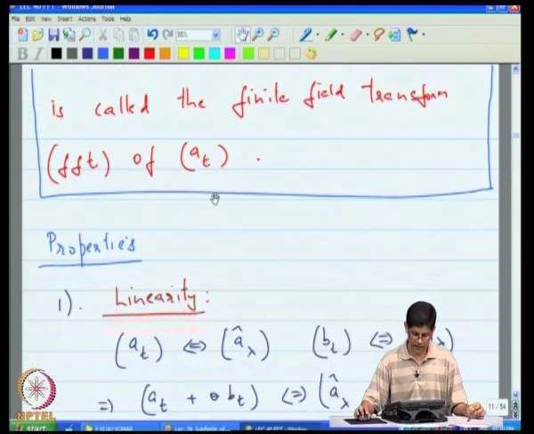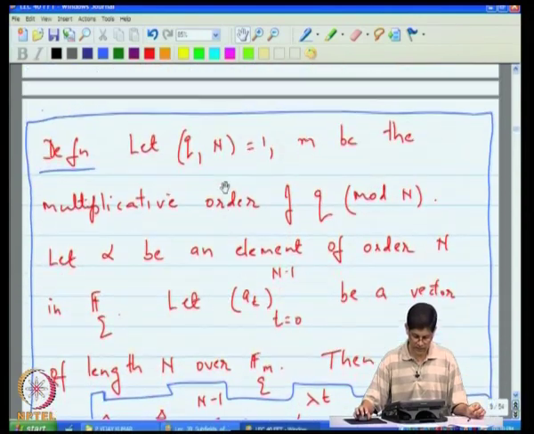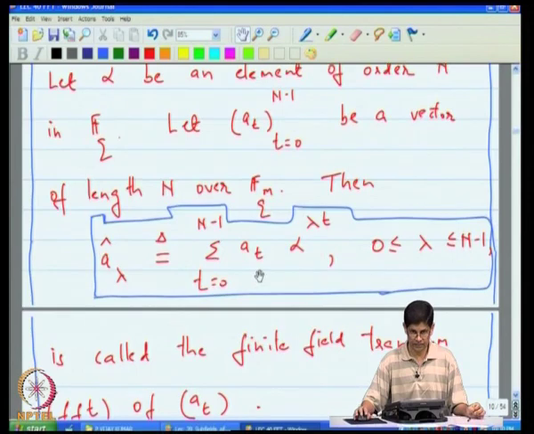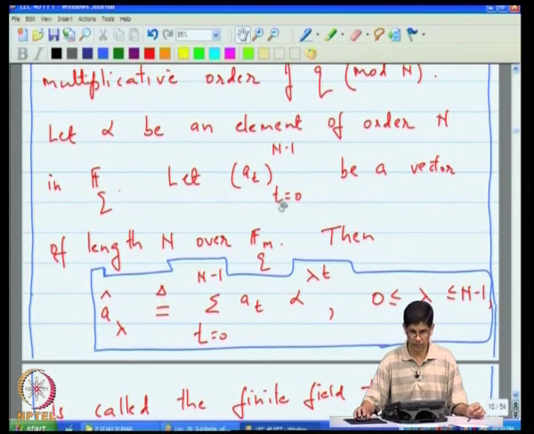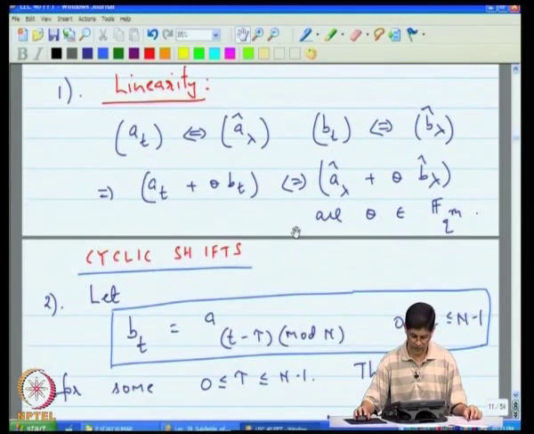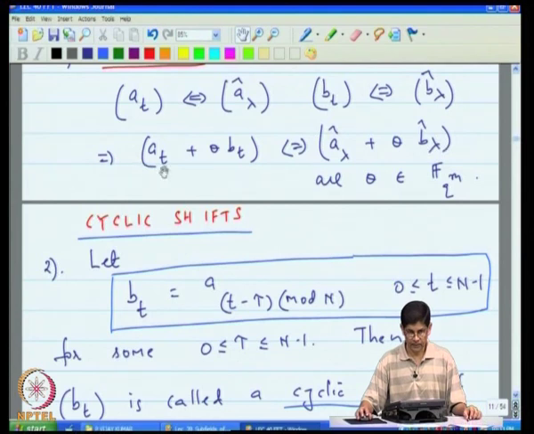Well, in this discussion a and b all belong to the larger field. There is a ground field and there is a big field, the ground field being F_q, the big field being F_{q^m}. Here all our discussion is about the big field F_{q^m}. So, if a_t and b_t are sequences in the big field and theta also belongs to that big field, then the transform of this sequence, which is a linear combination of a and b, has this transform: A_t is replaced by A hat of lambda, B_t by B hat of lambda.